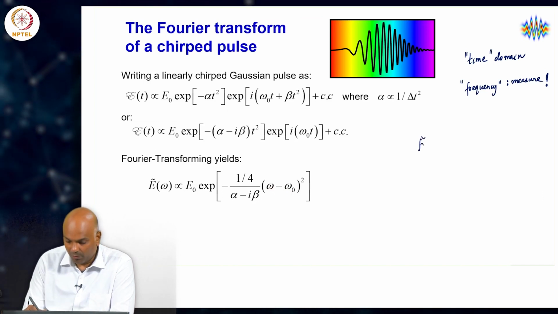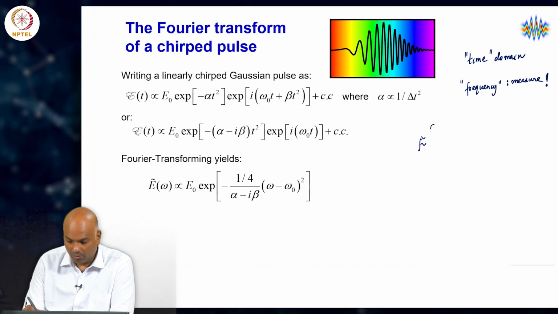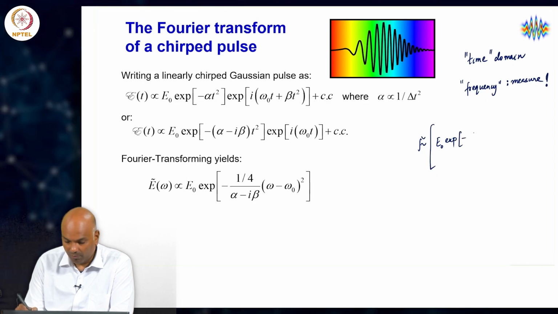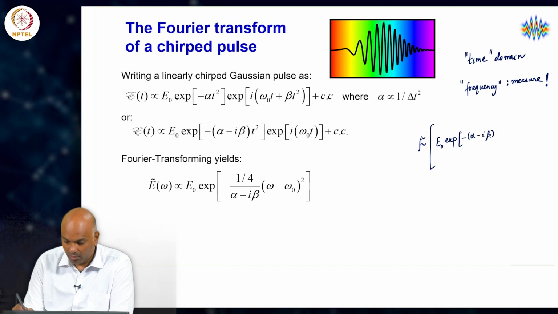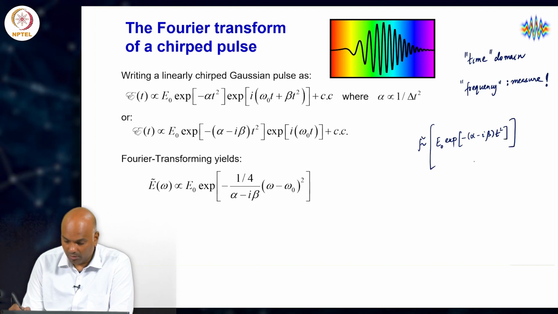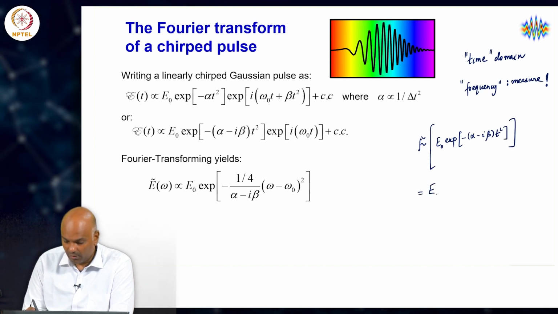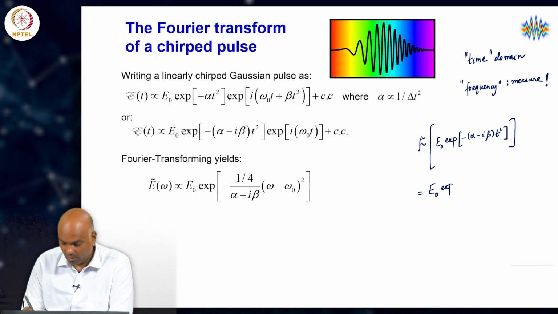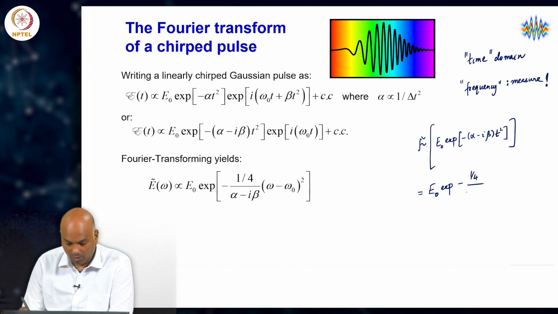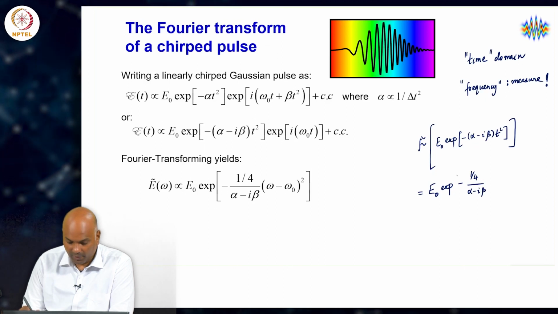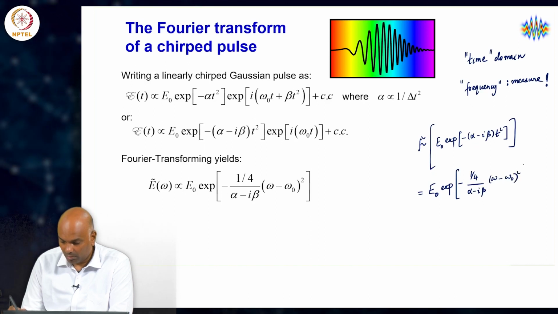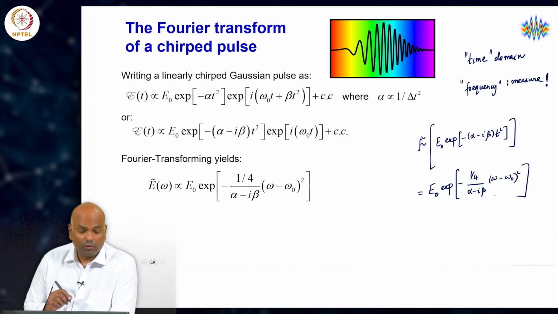Which is to say that the Fourier transform of E naught exponent of minus alpha minus I beta squared, this Fourier transform yields E naught exponent of minus a quarter divided by alpha minus I beta, omega minus omega naught squared.